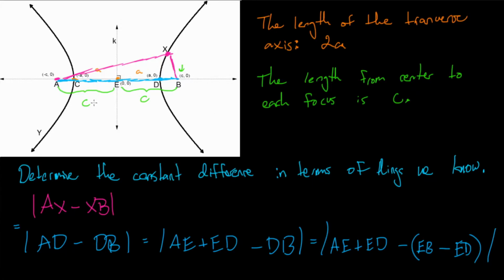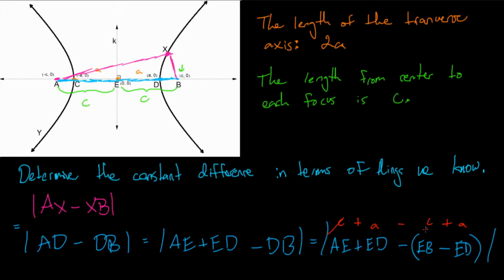AE is C, and EB is also the length C. C minus C is 0. ED is A, and ED is A. So we have the quantities C plus A minus C plus A if I distribute this negative.